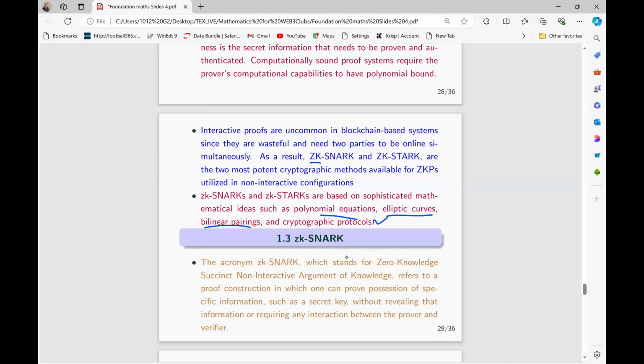When we reach elliptic curves again, we shall see how the mathematics is involved in this ZK-SNARK and ZK-STARK. There's a lot of mathematics there on the elliptic curves.